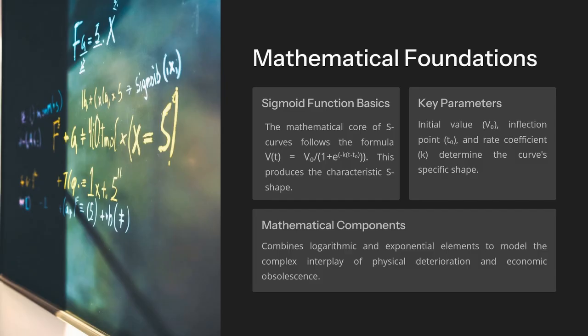The key parameters in this equation are the initial value V0, the inflection point t0, and the rate coefficient k. These three things determine the curve's specific shape. The S curve is based upon a combination of logarithmic and exponential elements to model the complex interplay of physical deterioration and economic obsolescence.